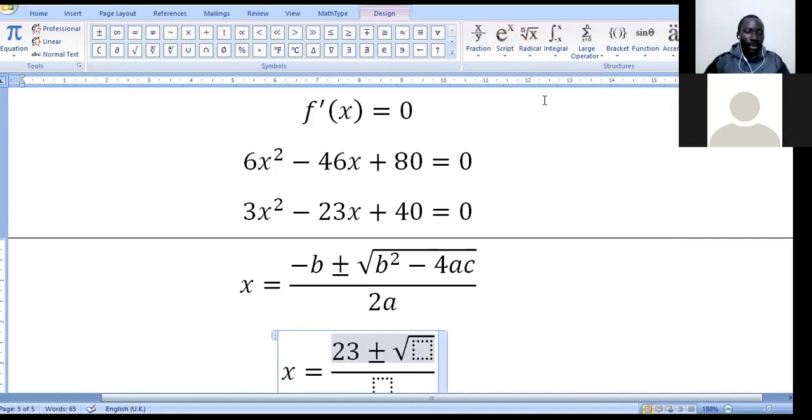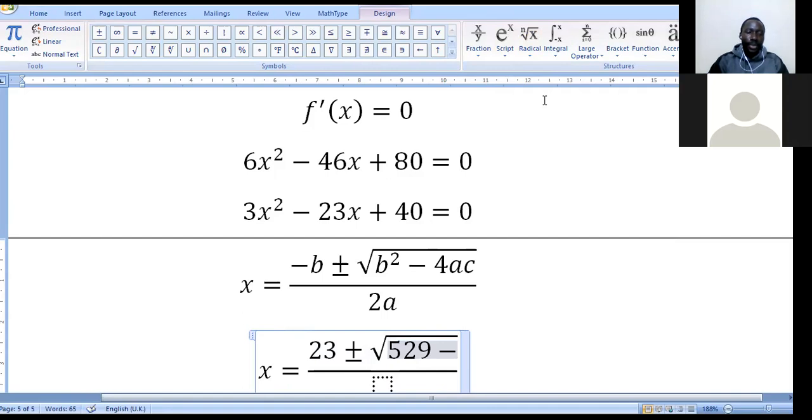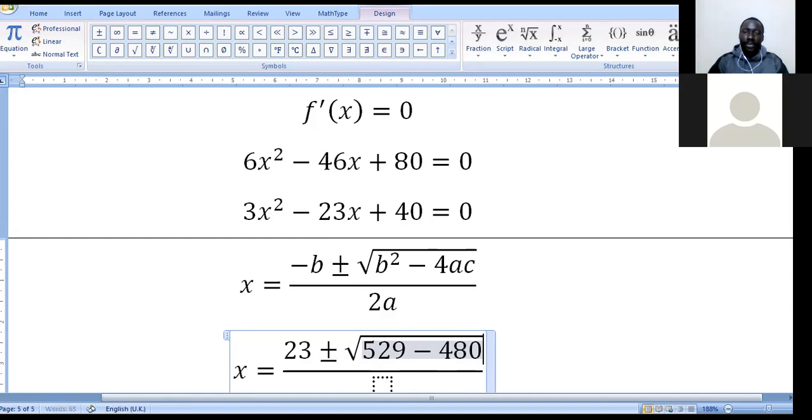Just put the value right away. 23 squared, that is 23 times 23, which is 529, minus 4 times a, which is 3, times c, which is 40. That gives us 480.